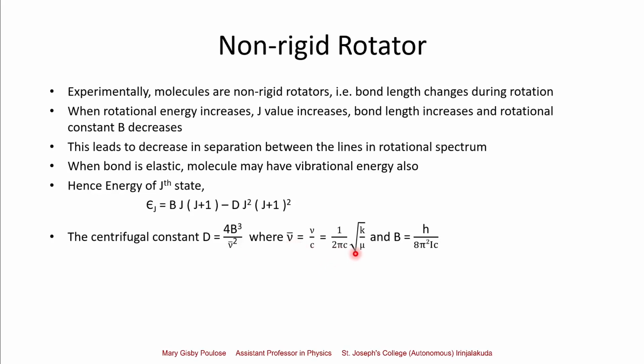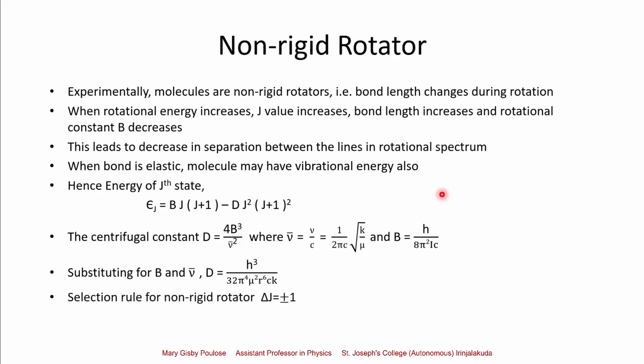In terms of force constant k and reduced mass mu, wave number is equal to 1 by 2 pi c into square root of k by mu. Here B is equal to h by 8 pi squared I c. Now substituting for the B and nu bar values, we get D is equal to h cubed by 32 pi to the power 4 mu squared r to the power 6 c k.